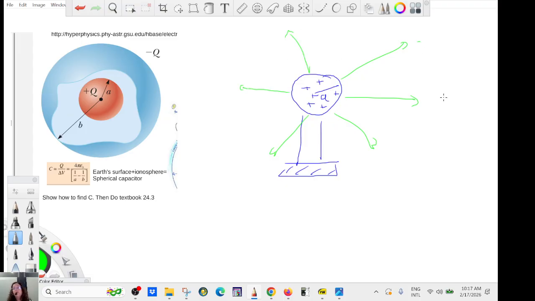You have some minus, but it will be in the ground. So this is B, that's where the minus are. It's going to be very, very far away. It will be the ceiling, it will be the ground. So in that case, that distance B will be very big relative to the size.